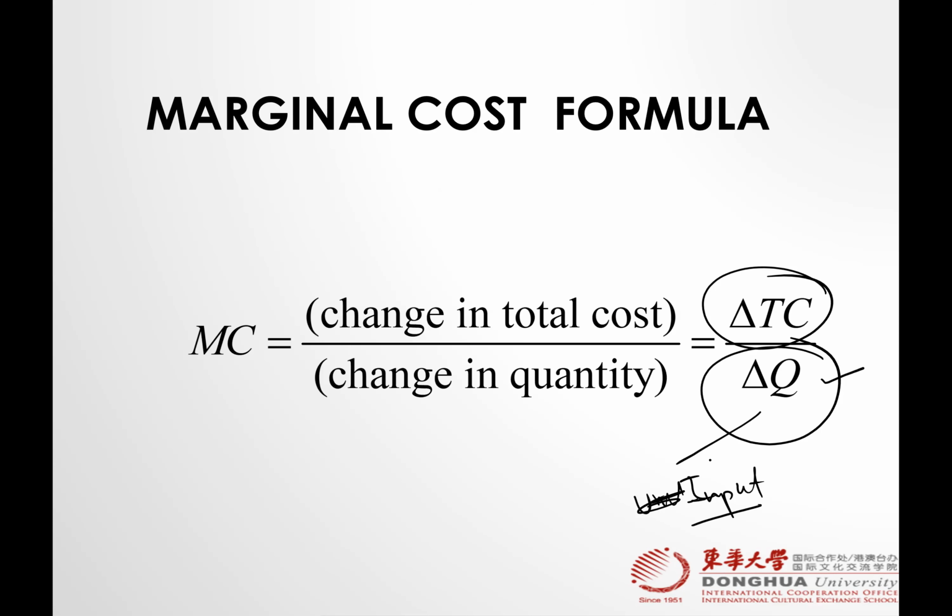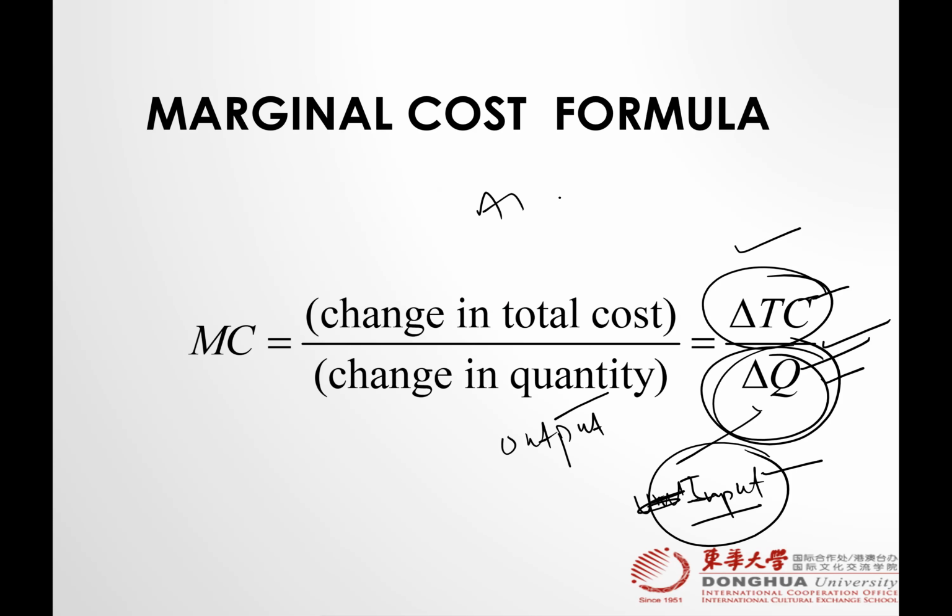In assignments, I have given inputs as well as the output, so some students may ask whether it is inputs or outputs. Quantity means outputs. Remember, change in total cost, not average total cost, divided by change in quantity. Quantity is an output, not labor.